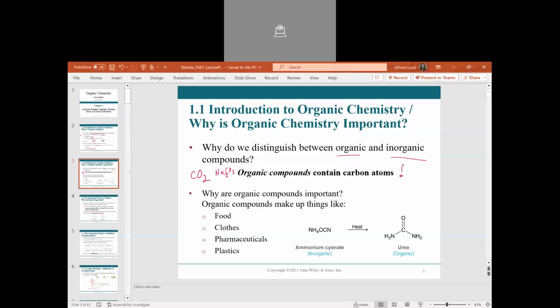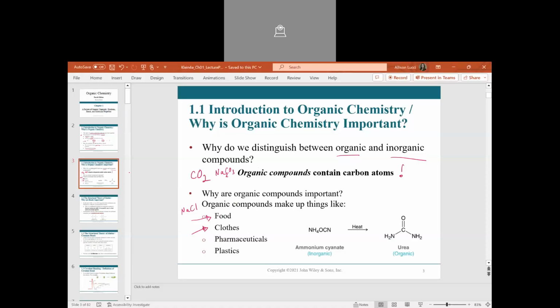So why are things like this important? Well, the food that we eat is generally an organic compound, barring things like salt, like sodium chloride. But the majority of foods are considered organic compounds. The clothing that we wear can be synthetic, but it's also made from things like cotton fibers.